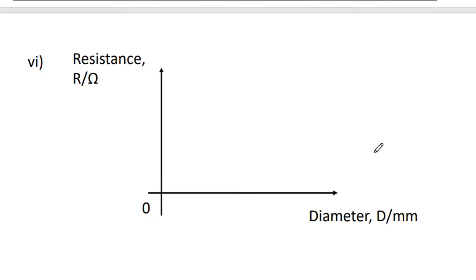Boleh? Can? Can I have only symbol and unit without name? I advise you to write 3. Melainkan, let's say betul-betul tak cukup masa, then tak apalah, you write the symbol and unit.